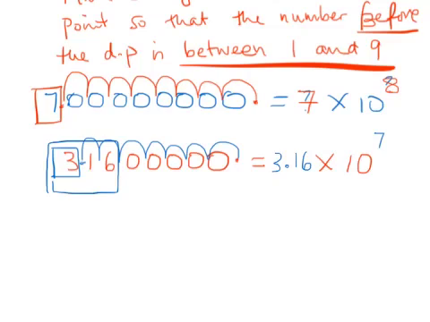So let's do another example. Let's write the number 149630000, and let's write that in standard form. Okay, well, let's try that. There's no decimal point, so we'll put one in.